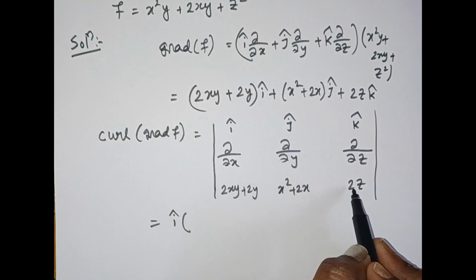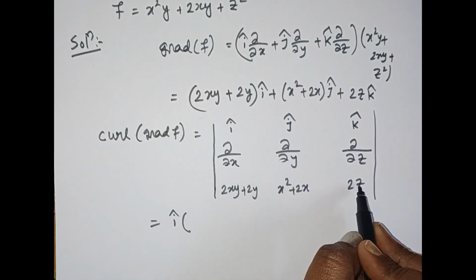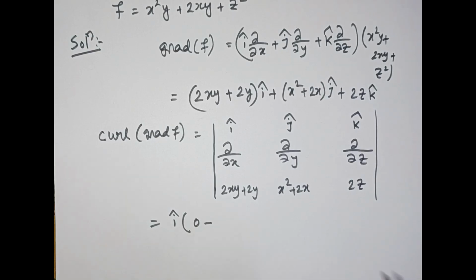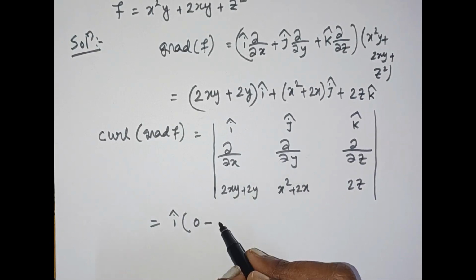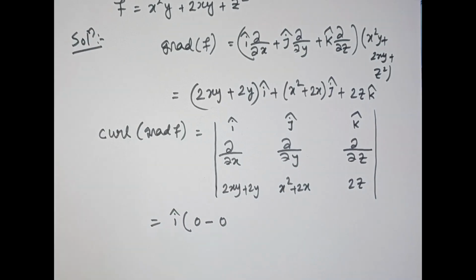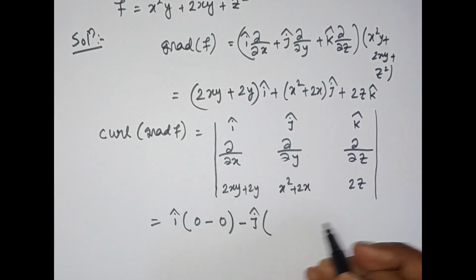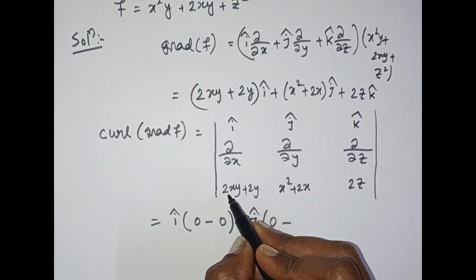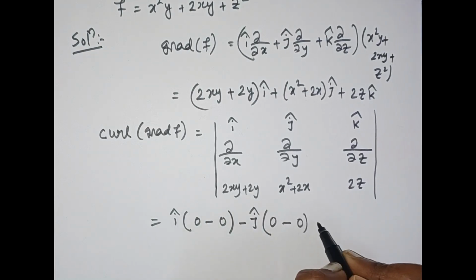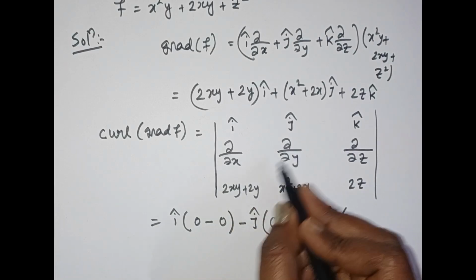i cap, then this one and this one. So del y of 2z is equal to 0 minus del z of this one is 0, minus j with this one and this one. So del x of 2z is 0 minus del z of 2xy plus 2y, again 0, plus k cap, this one and this one.